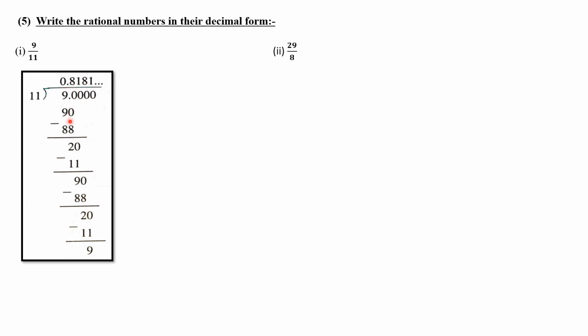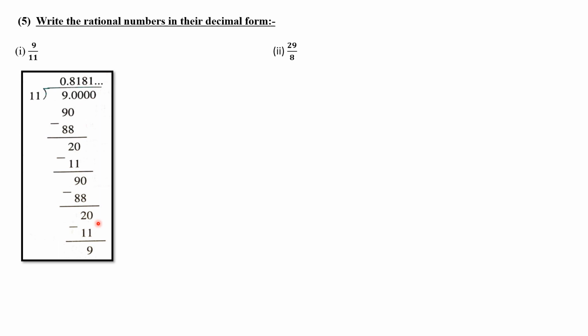Then 90 it will become. So 11 eights are 88. So 90 minus 88, remainder is 2. So you will bring one zero down. It will become 20. So 11 ones are 11. So 20 minus 11, you will get remainder 9. Then again put 0, and again you will divide, 11 eights are 88. Again you will subtract, you will get remainder 2.